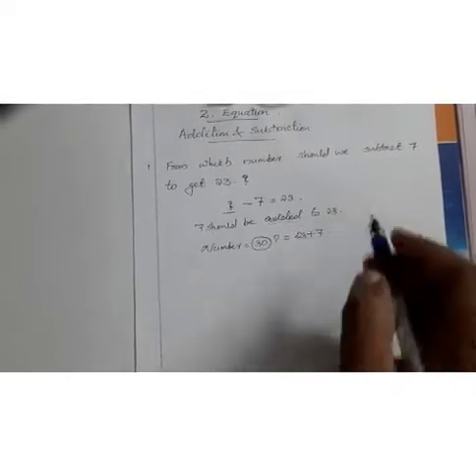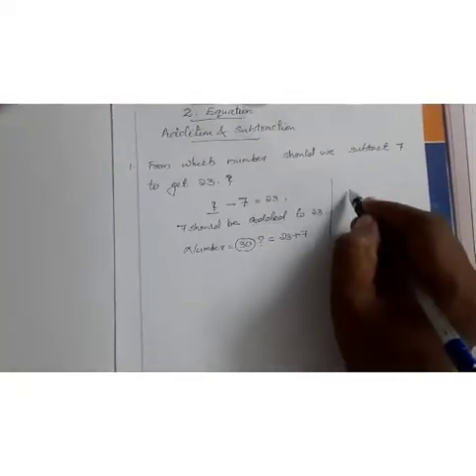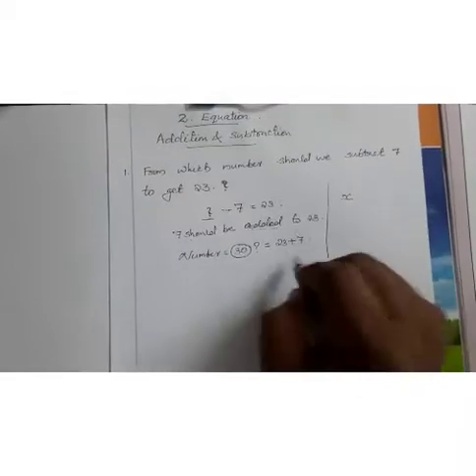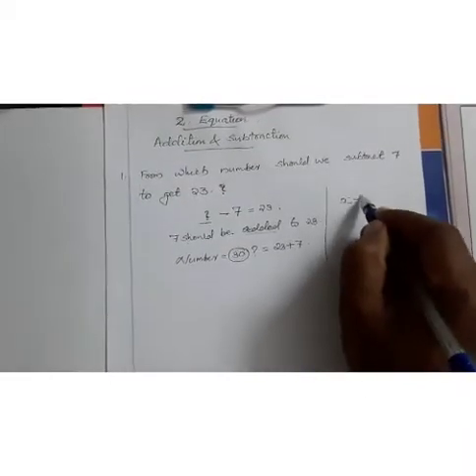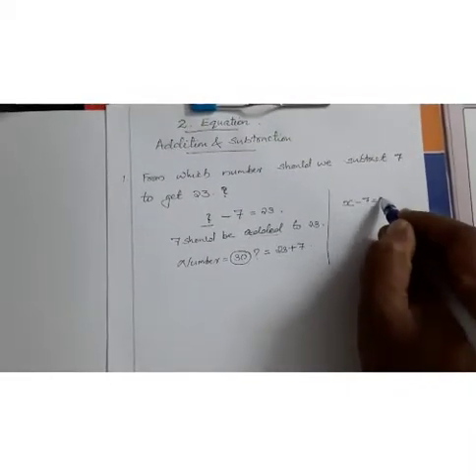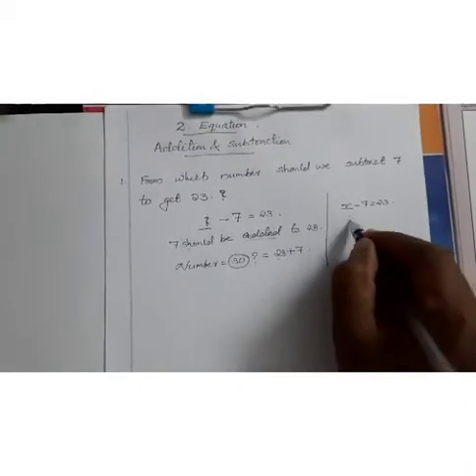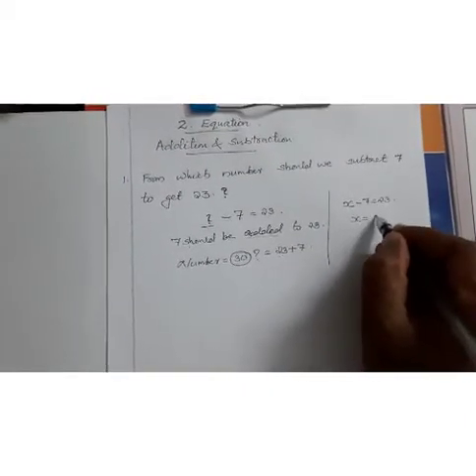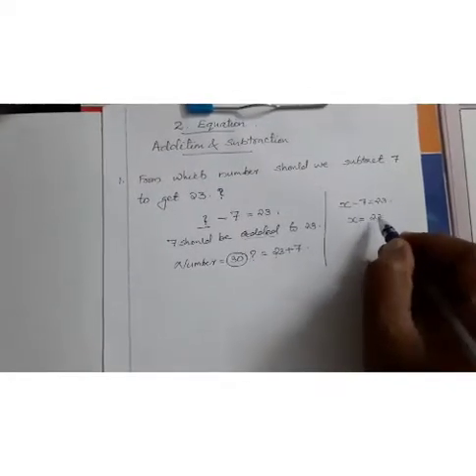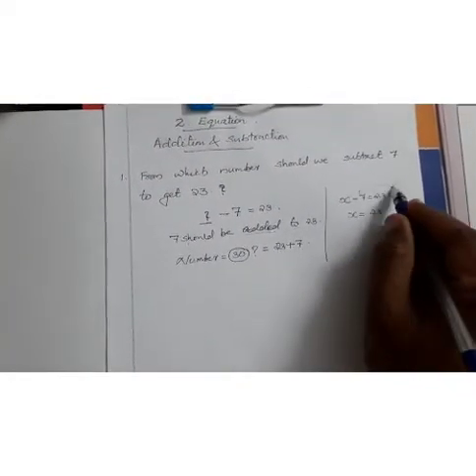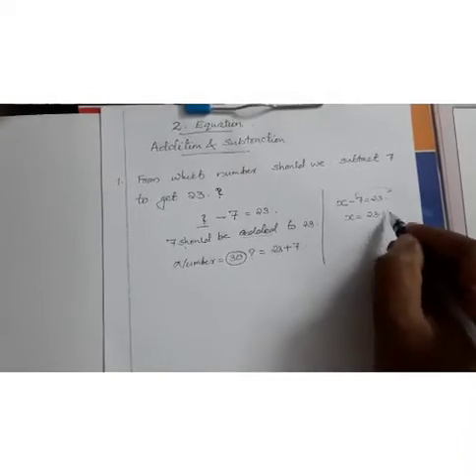How did it come? You can do it like this also. A particular number you consider as x. If you subtract 7, you will get 23. You have to find out x. How do you find out? 23 written like that, and minus 7 will come to this side, so it should be plus 7.